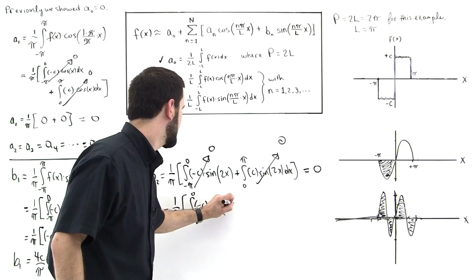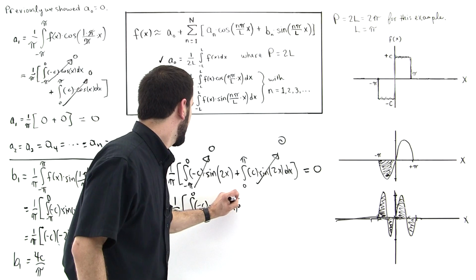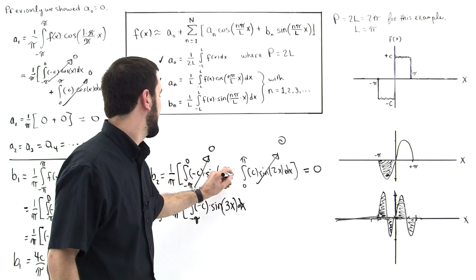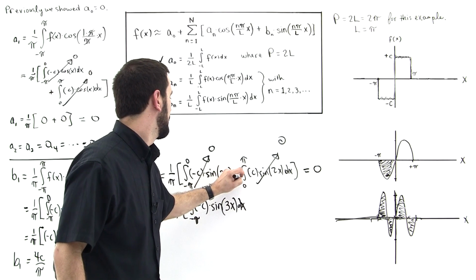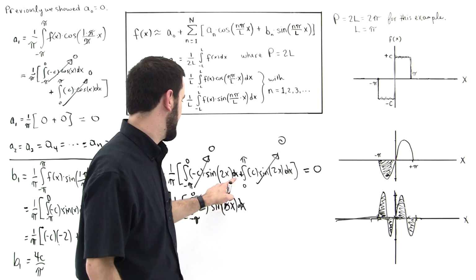Pi's cancel always for this example. Sine of 3x dx. Oh, notice I forgot to put the dx here. Did I make that mistake anywhere else? No, I got it there. Yeah, we're good. Okay, I just forgot to put the dx right there.